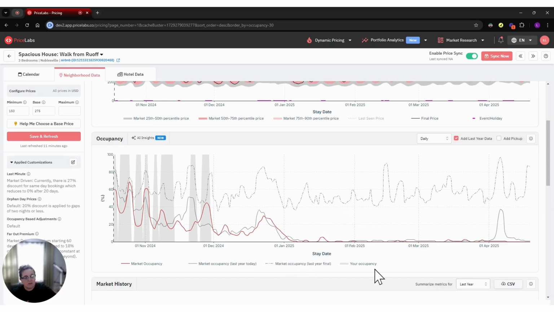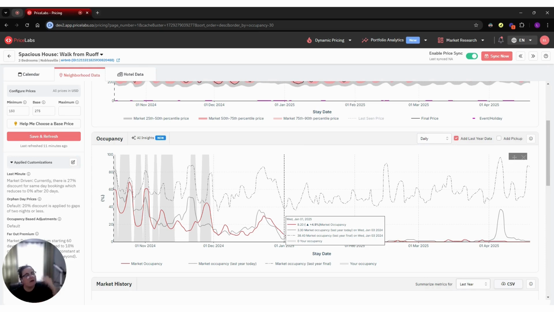What that shows you is the final occupancy for those days. So for example, if I go to January 1st, 2025, my market occupancy last year today was 3.3%. So 3% of my market was booked up when I looked at this day last year. Whereas by the time January 1st actually rolled around, the occupancy of the market ended up being 38%.